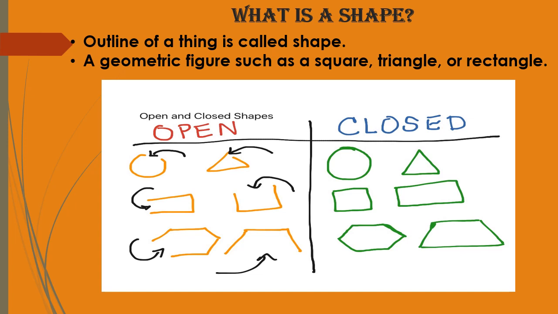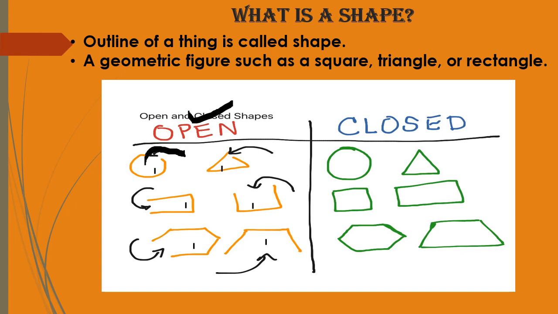If you look at this open part carefully, all these pictures are not completely closed. They have some space so that anything can come inside it and anything can go outside of it.